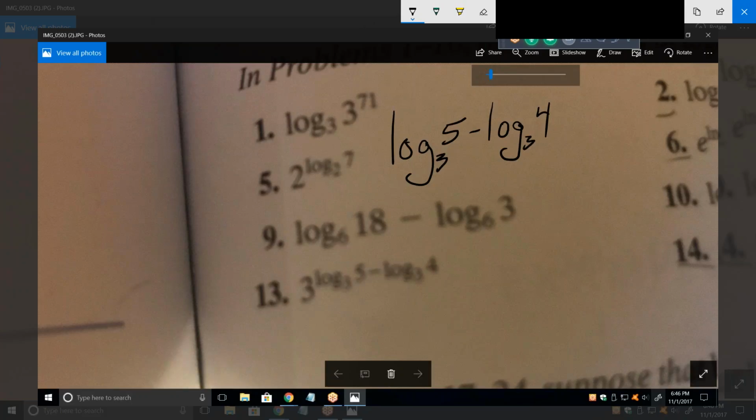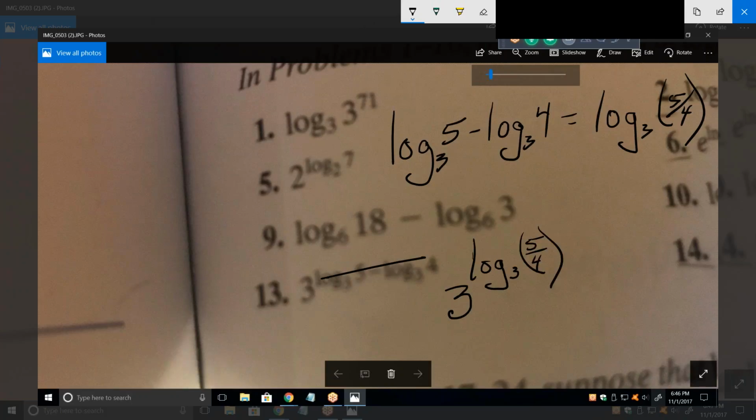So simplify that. Isn't it just log base 3 of 5 over 4? Yeah. Okay, now that's what we're going to stick in place. So that's going to be 3 to the log base 3 of 5/4. So what does that answer? Isn't the whole thing just equal to 5/4? Yep.